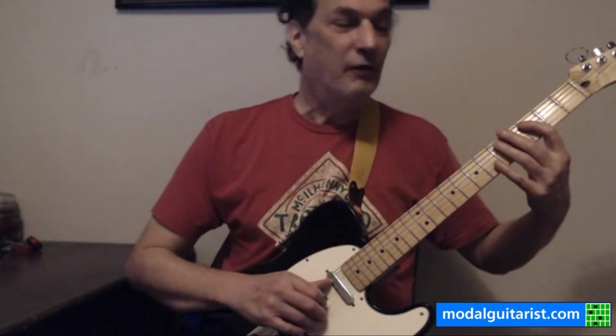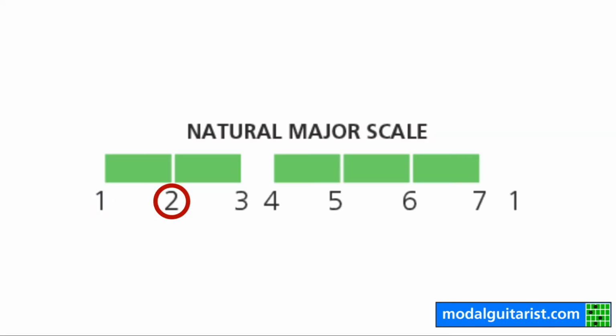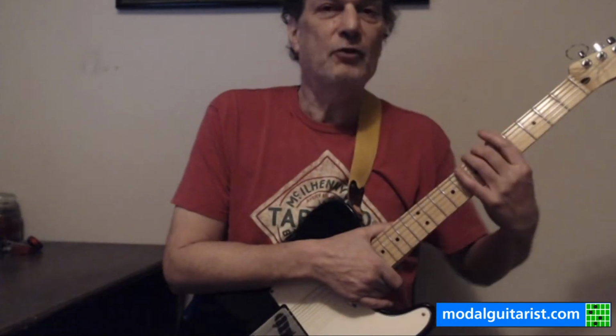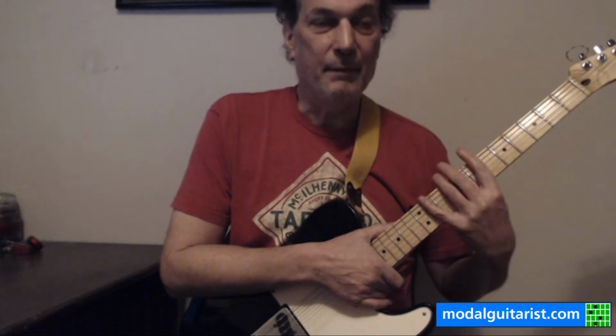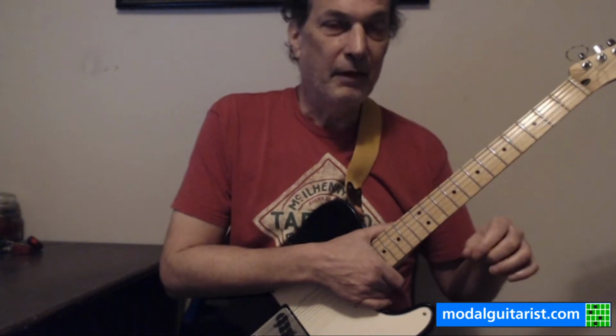Basically, you've got in a major scale whole steps, a half step, whole steps, and a half step. We have a group of 2 whole steps with a half step, and then a group of 3 whole steps and a half step. All of the natural modes have that 2 whole steps and 3 whole steps with half steps in between them.